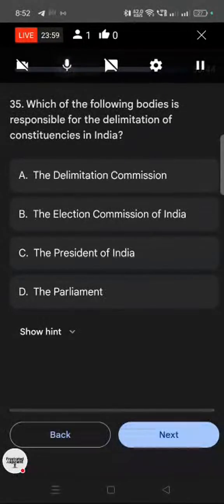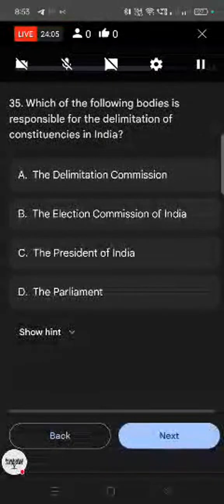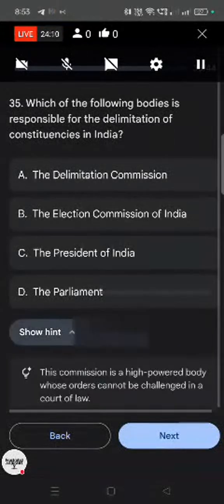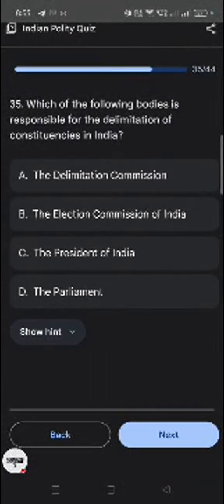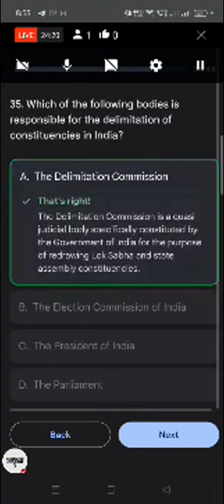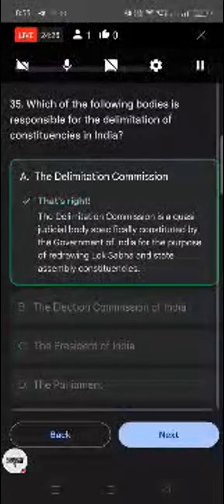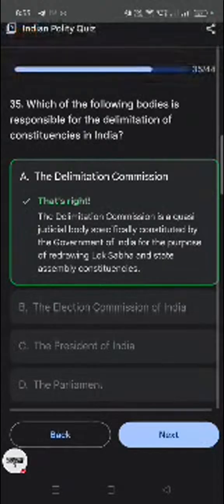The Delimitation Commission is a quasi-judicial body constituted by the Government of India for the purpose of redrawing Lok Sabha and State Assembly constituencies.